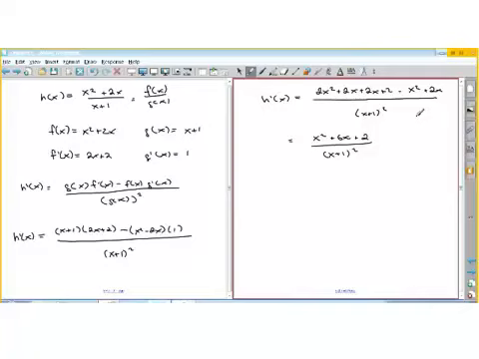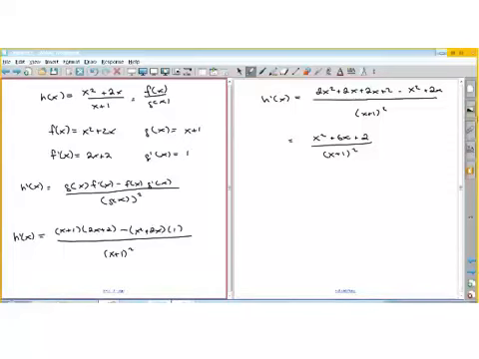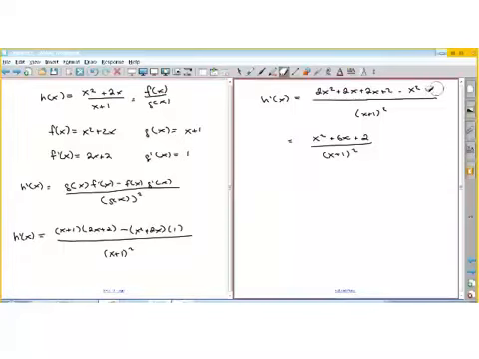So let me go back and see what I did wrong. They've got x squared plus 2x plus 2. Do I have a sign wrong somewhere here? Oh, here it is. That should be plus 2, which makes this negative 2, which makes this into 2x.